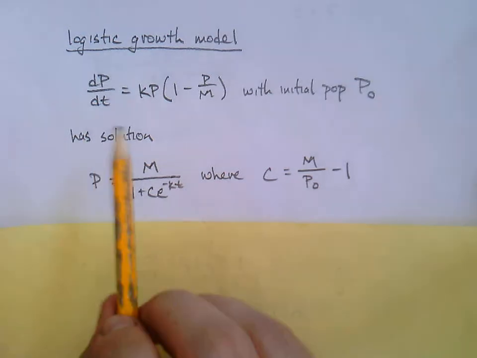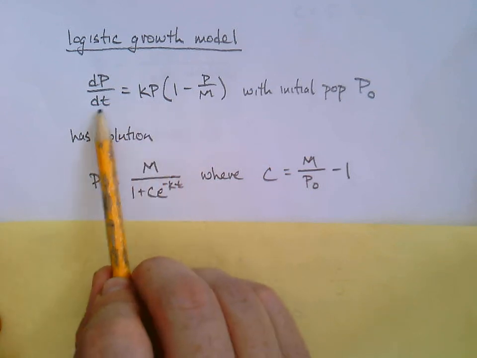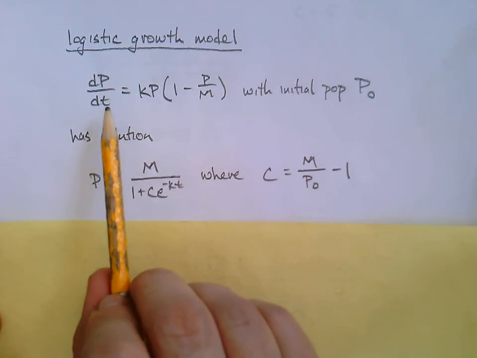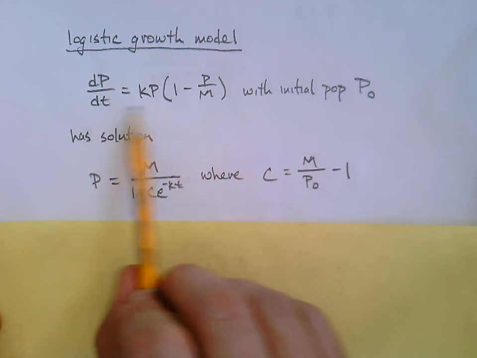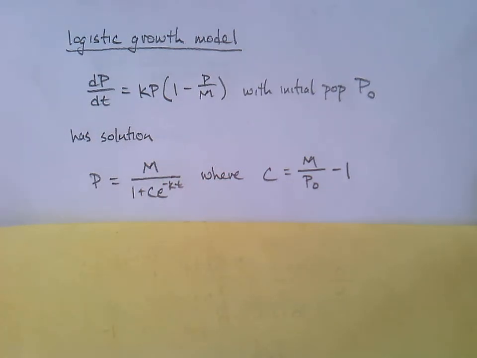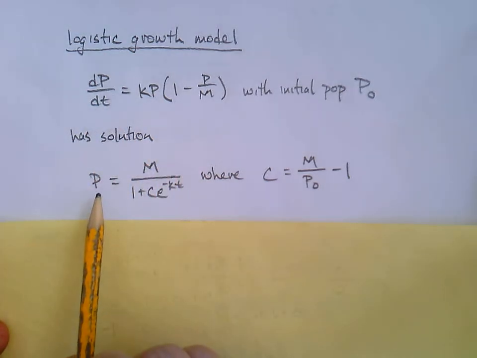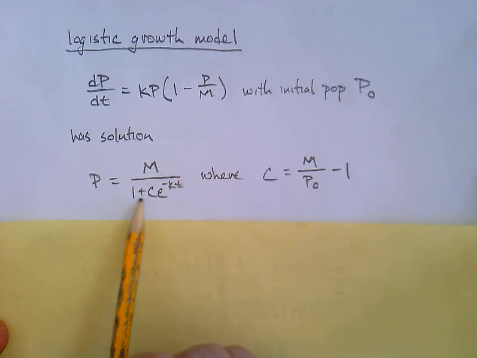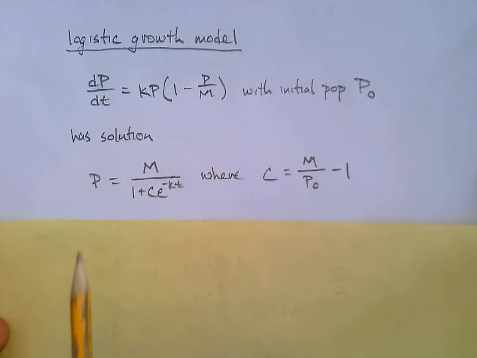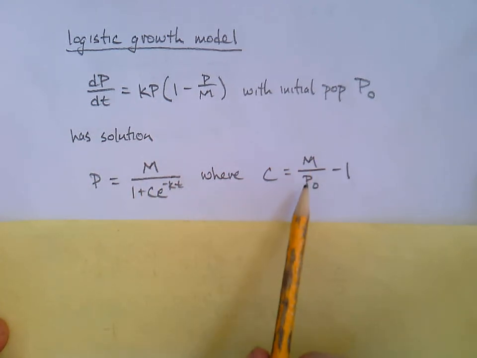So this is where our logic started, and we realized, okay, well, if that's a better model for population size, what would be the solution? And so we can solve that differential equation. It has solution p equals m over 1 plus c e to the negative kt, where c equals m over p naught minus 1.